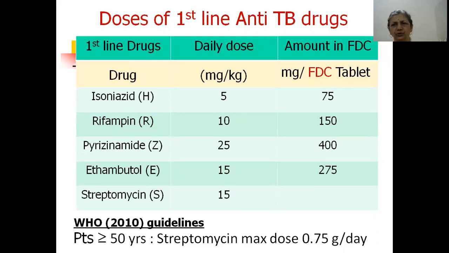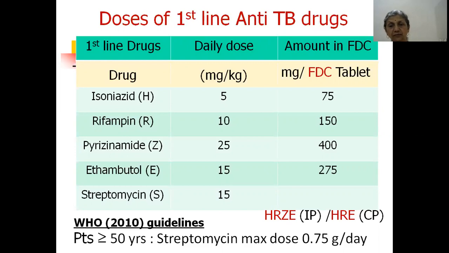So we have fixed dose combination tablets for all these 4, where each tablet would contain 75 milligrams of INH, 150 milligrams of rifampicin, 400 milligrams of pyrazinamide, and 275 milligrams of ethambutol. So such 4-drug FDC would be required for intensive phase.